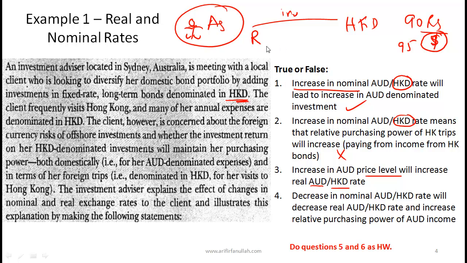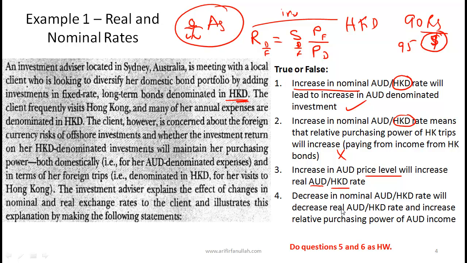Our real exchange rate was equal to the spot or nominal exchange rate times the two price levels. The exchange rate was expressed as domestic over foreign, and this is also expressed as domestic over foreign. The numerator was the foreign price level, and this is the domestic price level.